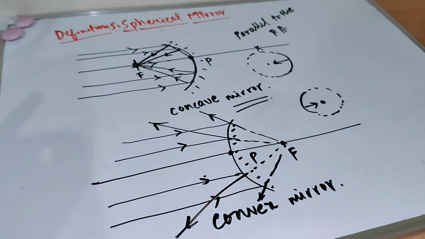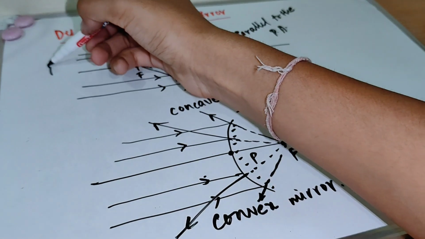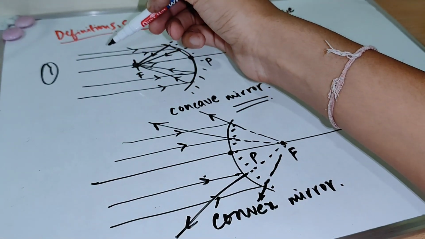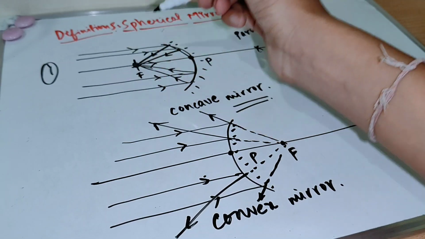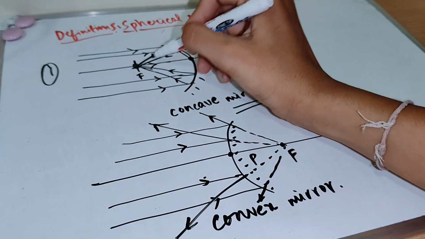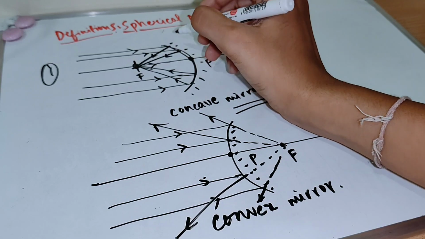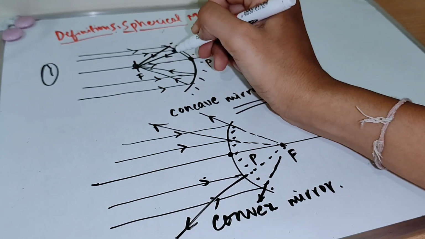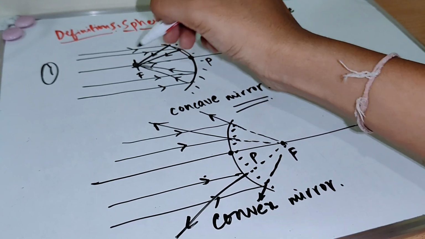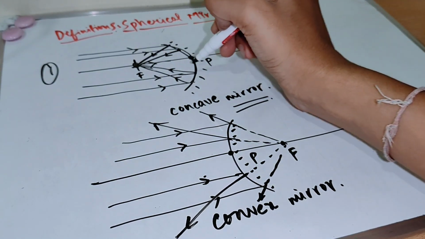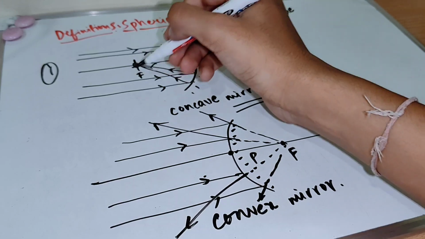We can see that in the first case, the light rays actually intersected each other. We know that these are actual beams of light, so many beams of light came together.